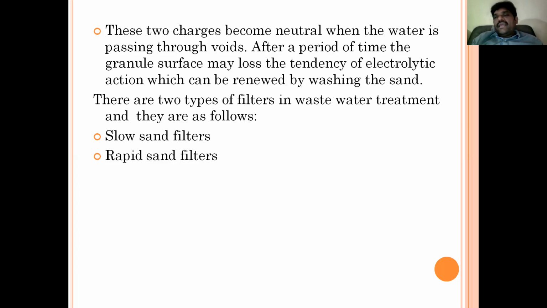Understand? The electrolytic action may be lost because of the continuous pumping of water, due to the smoothness. As the void's surface becomes smooth, it loses the tendency of electrolytic action, which clearly tells us that change of the filter bed is mandatory.